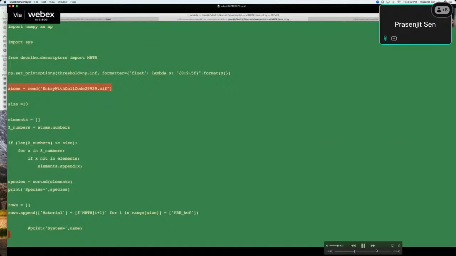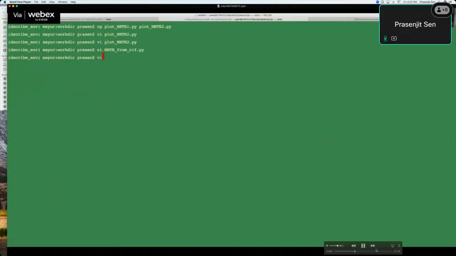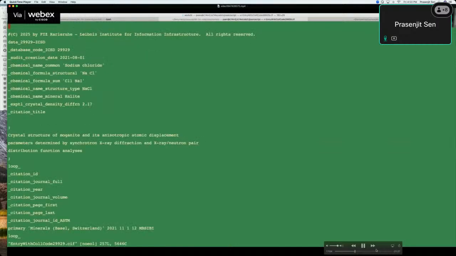This is the line that reads in the structure information from the CIF file. I have in my area a file with this file name, and I'll just go out of this file and open that just to show how a CIF file looks like. This is something I have downloaded from the ICSD. So this is sodium chloride.